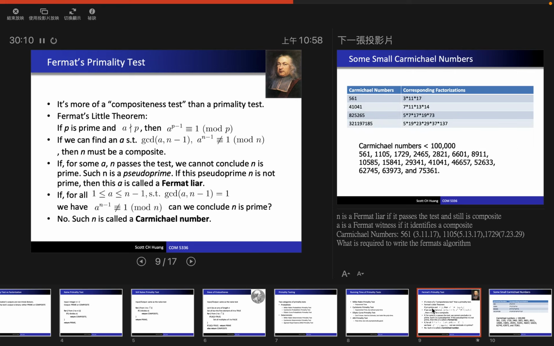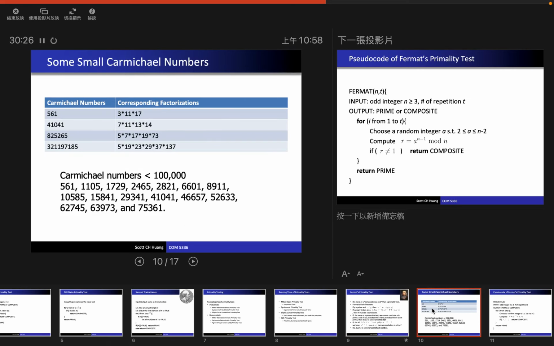This is called a Carmichael number. There are not a lot of Carmichael numbers, but they do exist. For example, here we can list the Carmichael numbers smaller than 100,000.